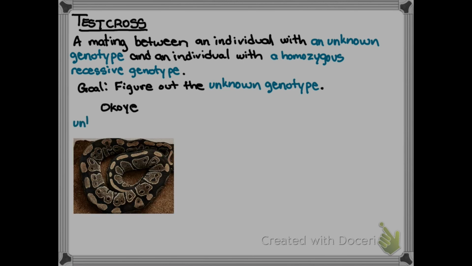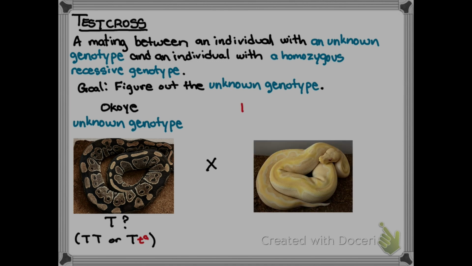And in my case, the individual with the unknown genotype is Okoye, and we're talking about the TYR gene in particular. Okoye has a wild type phenotype, as we discussed earlier, but her genotype can be either homozygous or heterozygous. We're testing to figure out which of the two options this is.